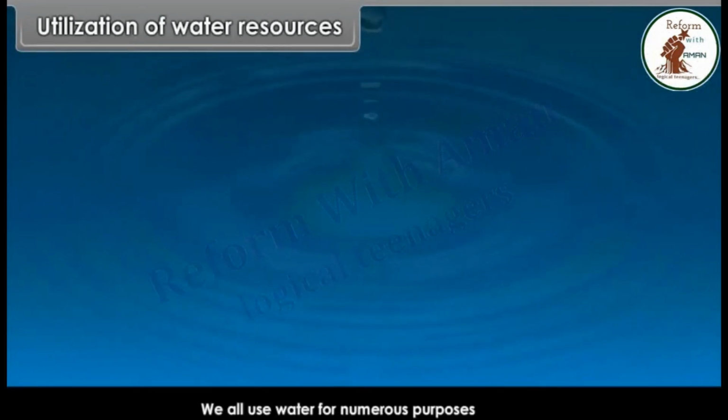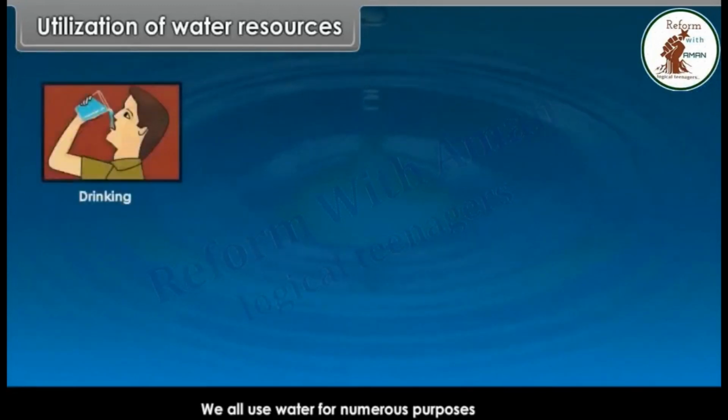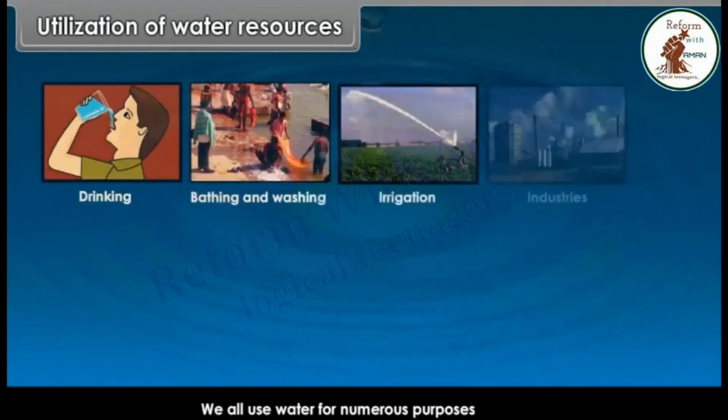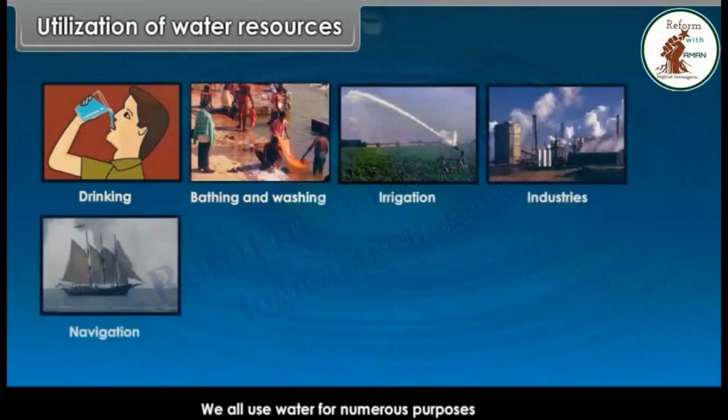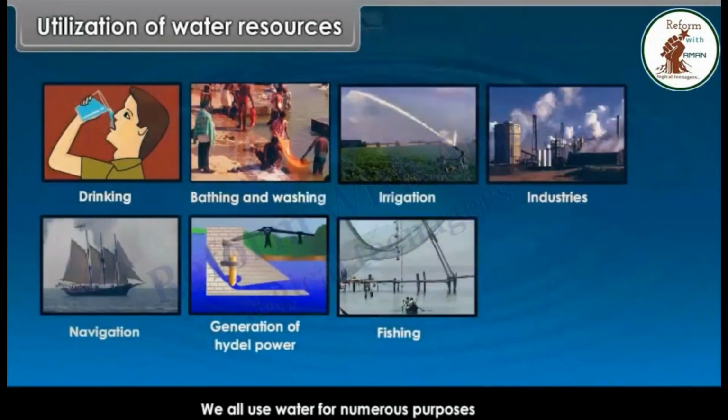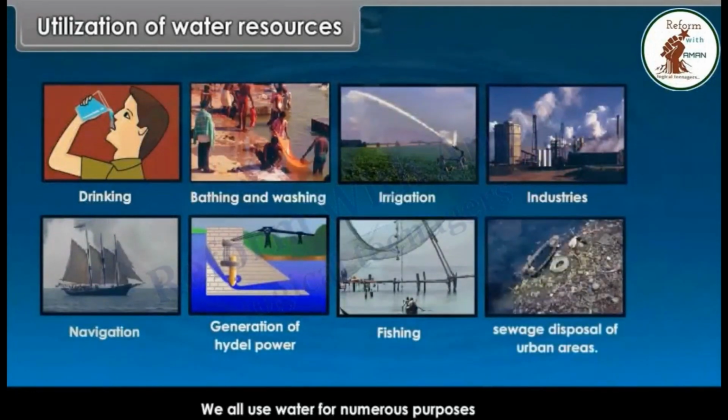We can list out certain uses of water: drinking, bathing and washing, irrigation, industries, navigation, generation of hydel power, fishing, and numerous other purposes like sewage disposal for urban areas, etc.